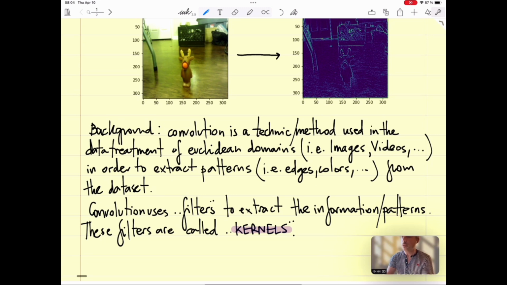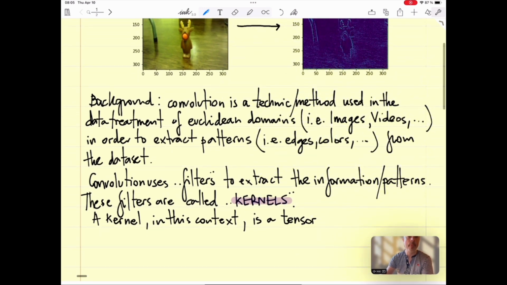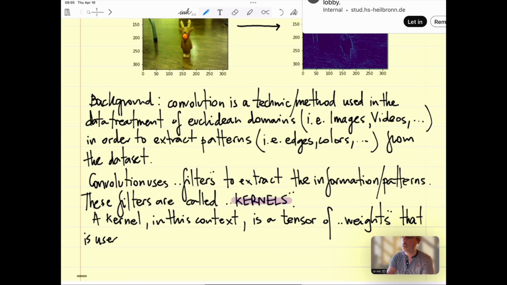So a kernel in this context is a tensor of weights that is used on the dataset recursively.